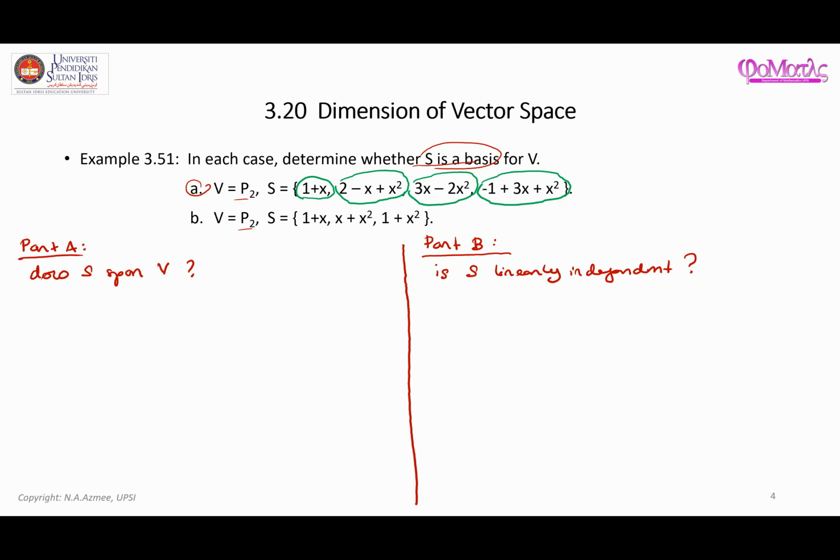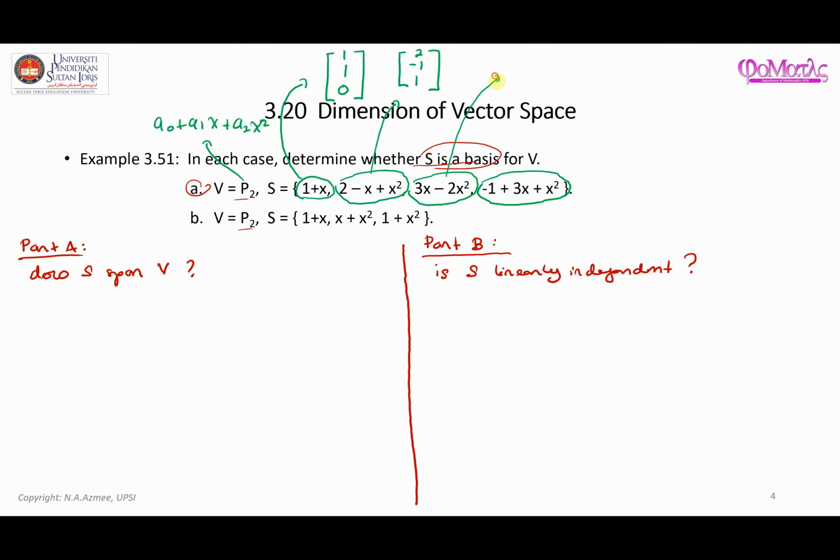So for example, let me write down here 1 plus x. If you have P2, that means you have A0 plus A1x plus A2x squared. Therefore, here is 1, x is 1, x squared is 0. So that is the first vector. For this one here, it will be 2, -1, 1.